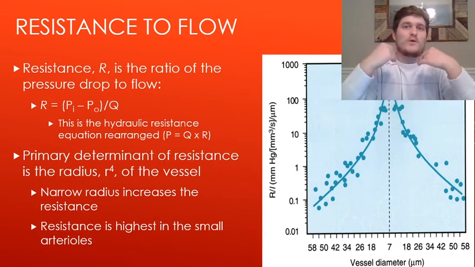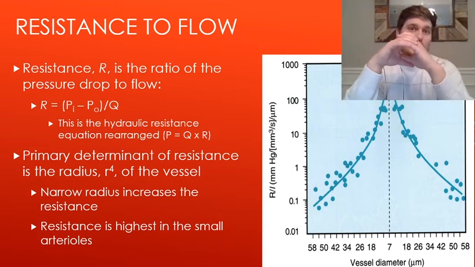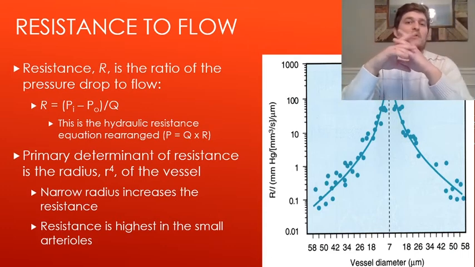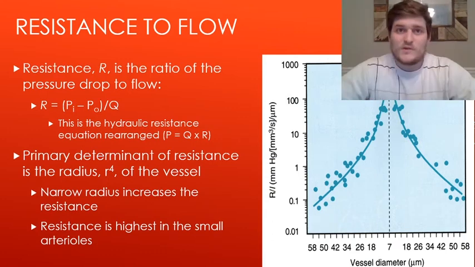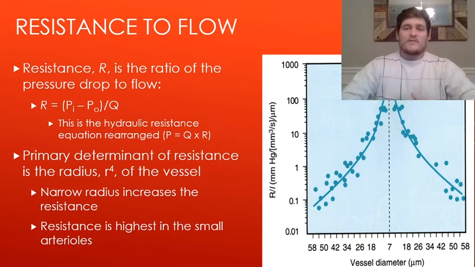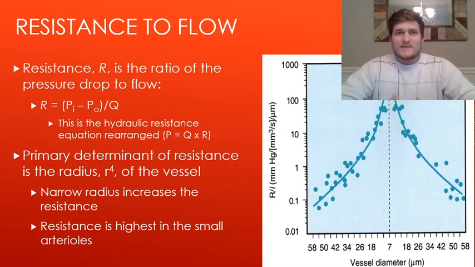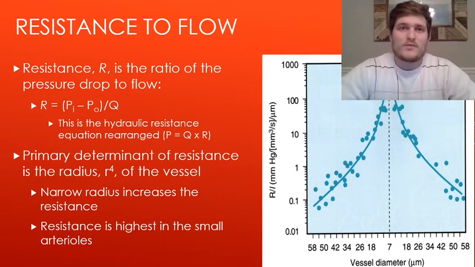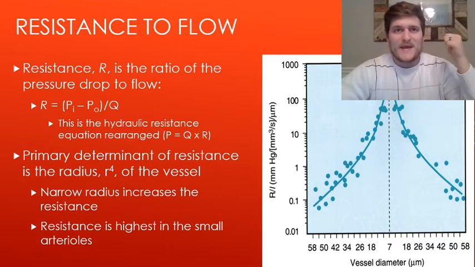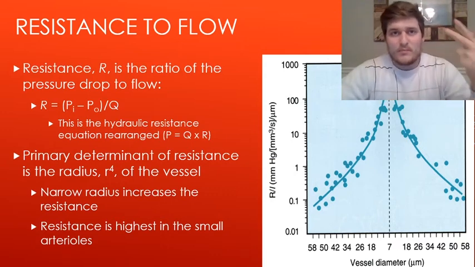If we need to lower resistance and therefore lower pressure, well then those smooth muscles are going to relax and we're going to vasodilate. To summarize the effects of blood vessel radius on our cardiovascular system and hemodynamics, let's just again run through how the radius impacts resistance, flow, and pressure.